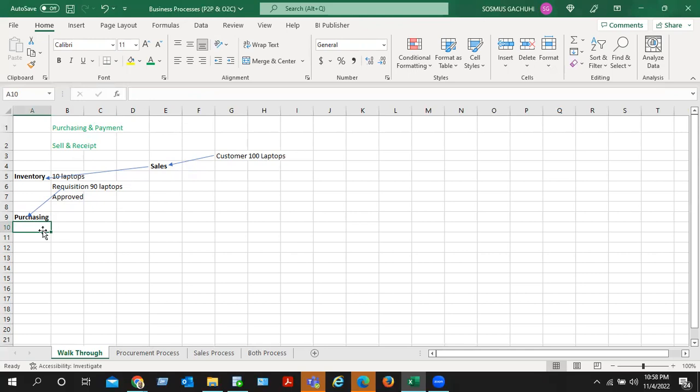The purchasing department will raise RFQs. RFQs, in other words, we refer to them as request for quotations. The meaning of RFQs. So these RFQs, of course, have to be approved. Once they have been approved, they will be sent to the supplier.